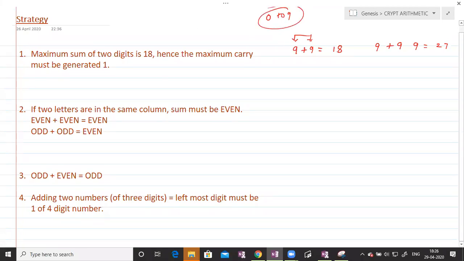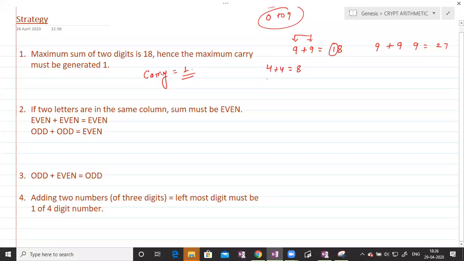So it means, can I say, for the two numbers I am adding, the maximum carry must be 1. Very, very simple. The carry generated should be 1. Maximum carry must be 1. So whenever you expect a carry from the previous summation, remember the carry must be 1. Now, second very important point. If you add 4 plus 4, will I get the carry?